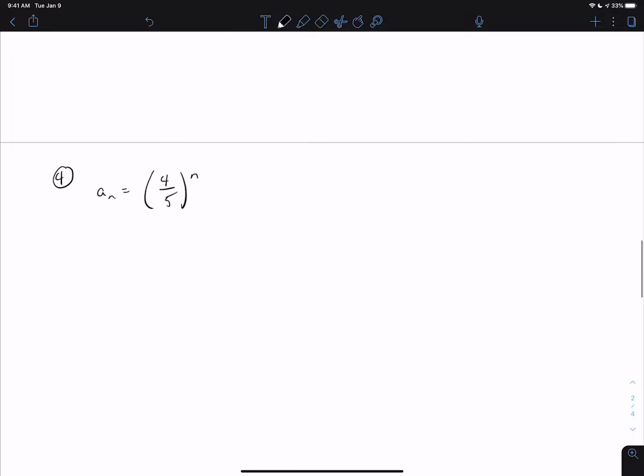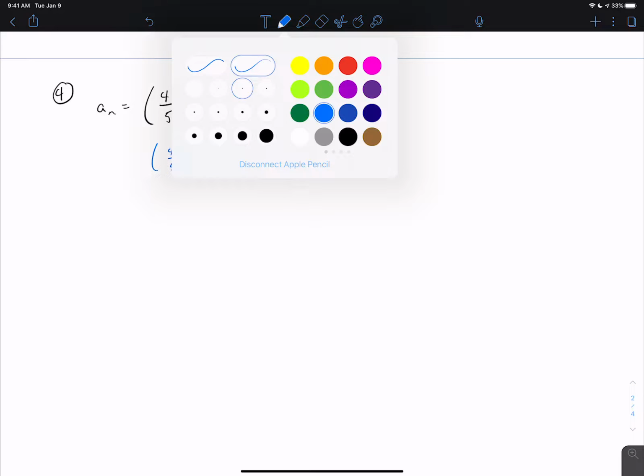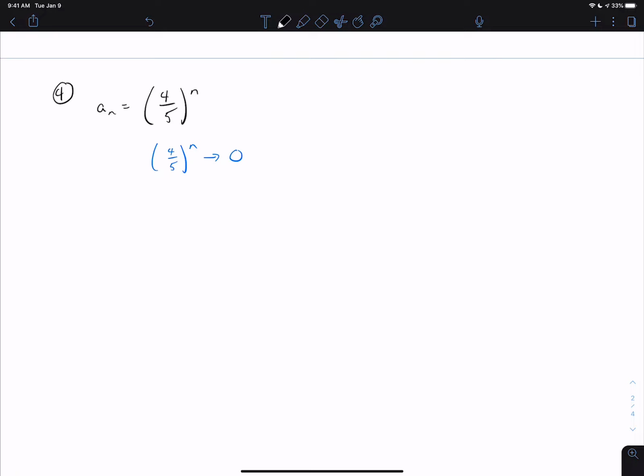So for (4/5)^n, we'll take without further proof that it approaches 0 because it's an exponential where the base is between 0 and 1. 4/5 is bigger than 0 and smaller than 1, so as n goes to infinity, we understand that it approaches 0.